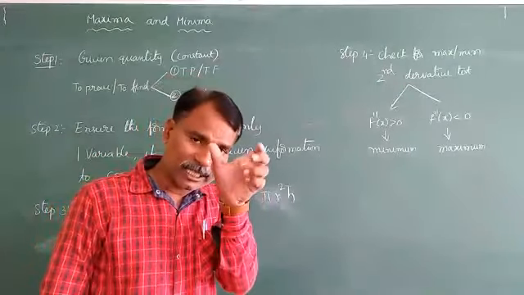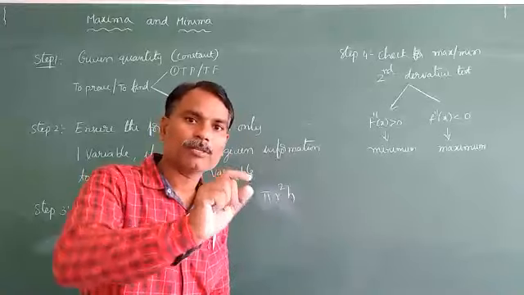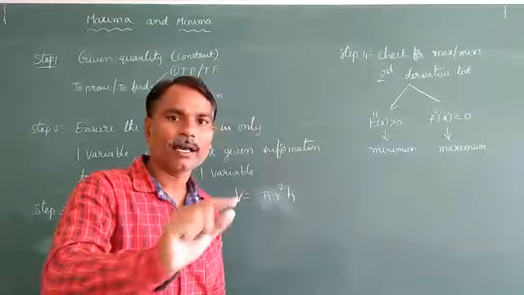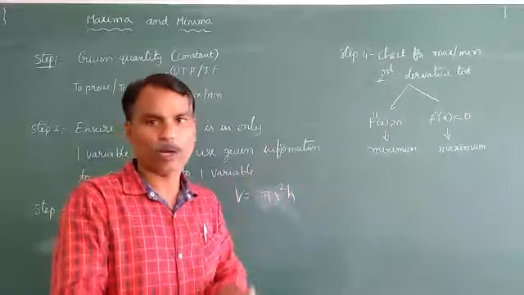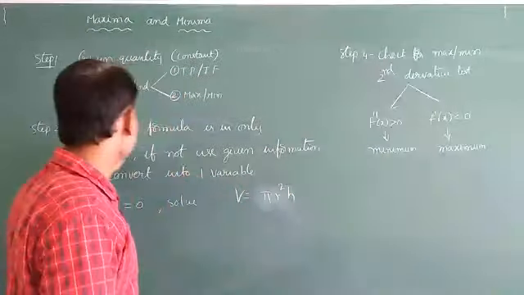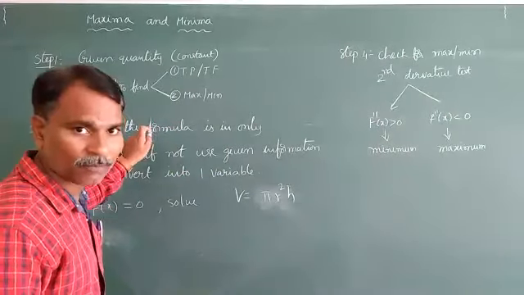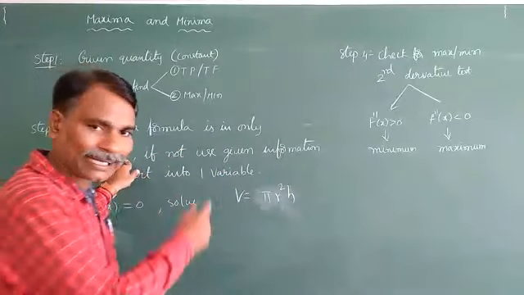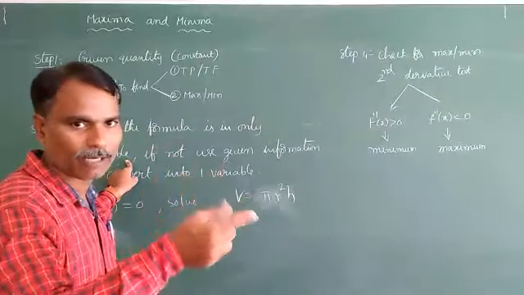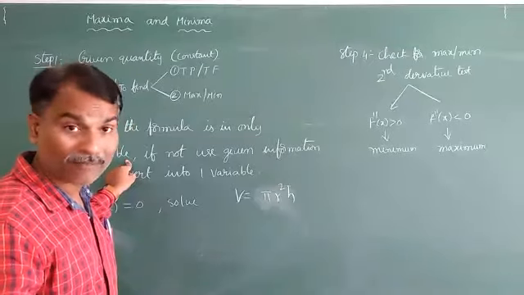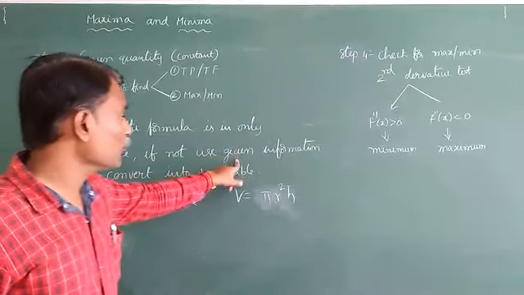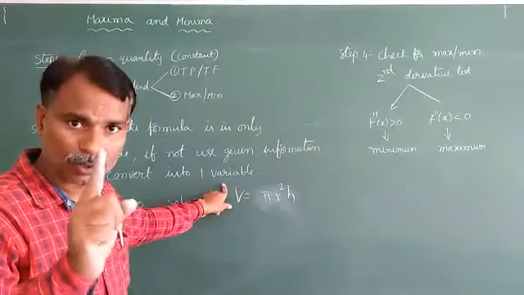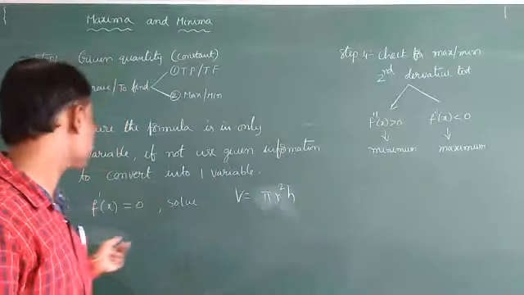If you have two variables, convert them into a single variable, either in terms of h or in terms of r, depending on the problem. If a sphere is given, we already have one variable and go directly to the third step. If not, use the given information to convert into one variable.